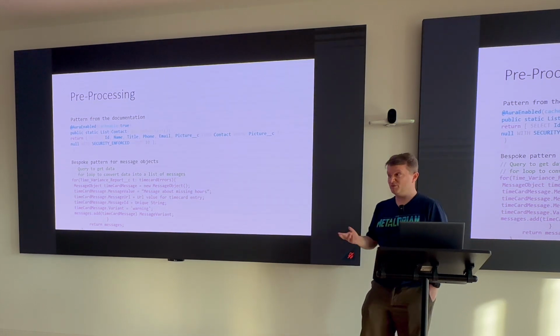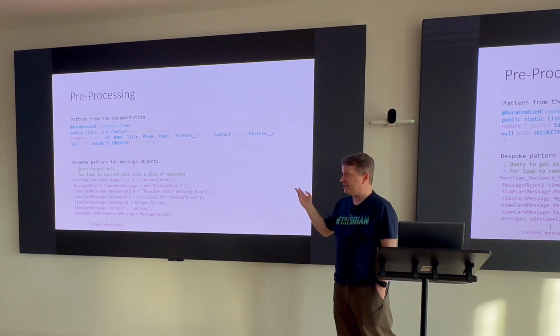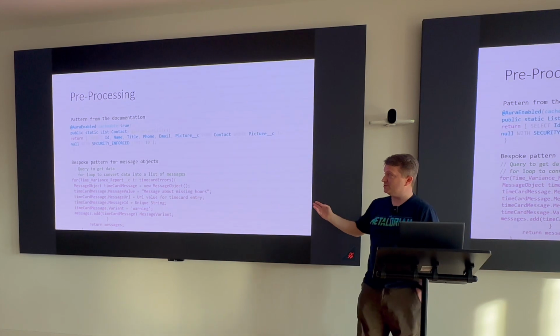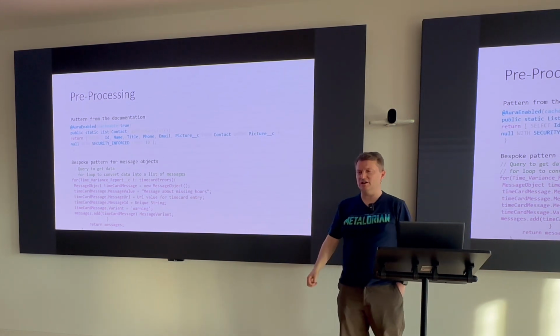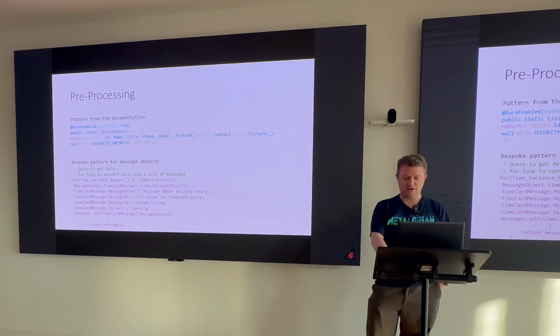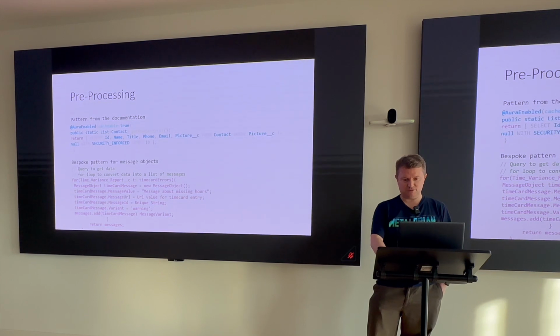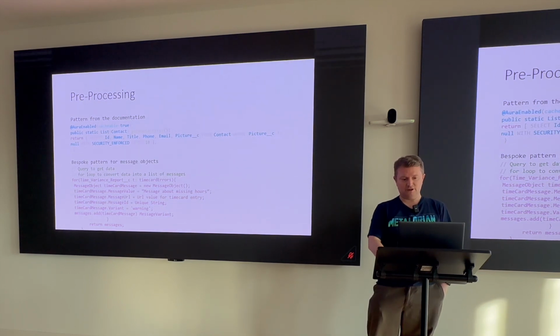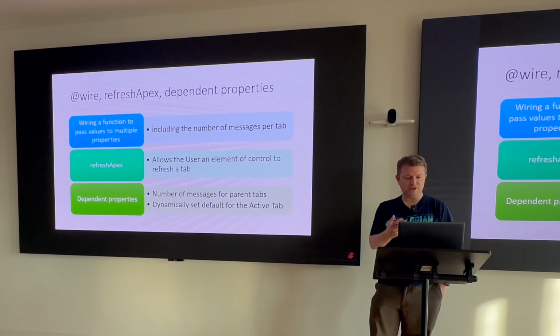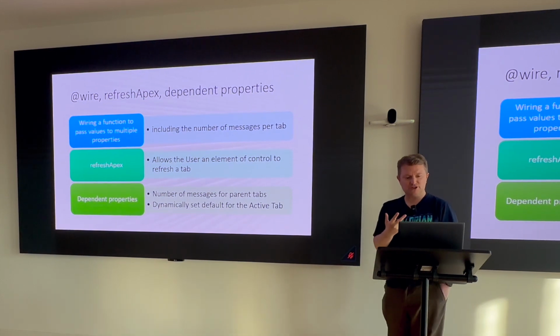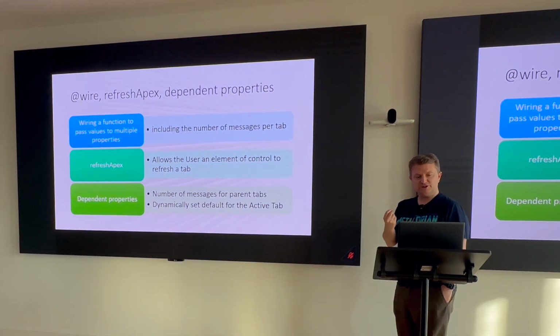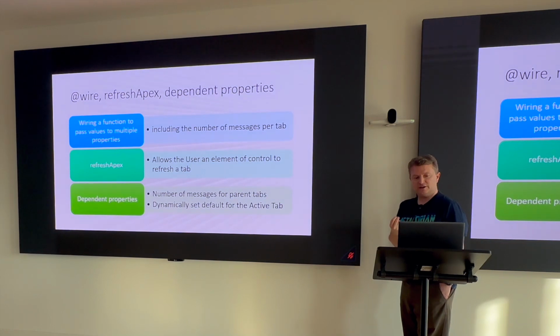So, yeah, again, that's useful. And again, we reuse this message object for each of the messages that we have. Okay, these are three of the things I'm gonna delve into in the code in a second.